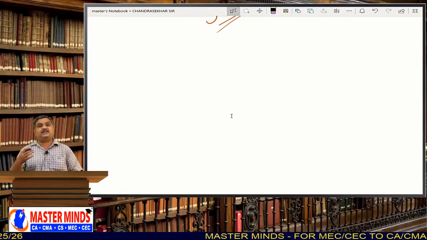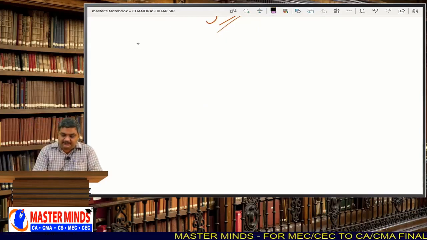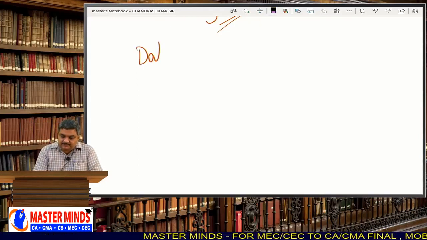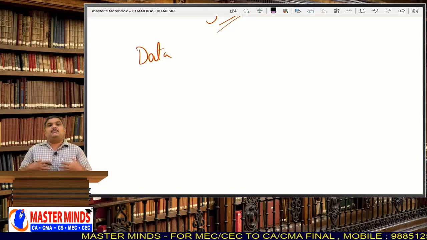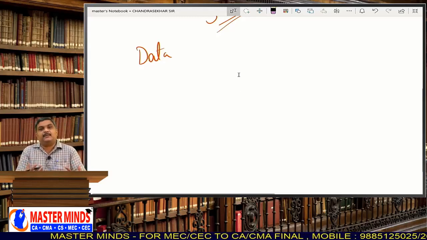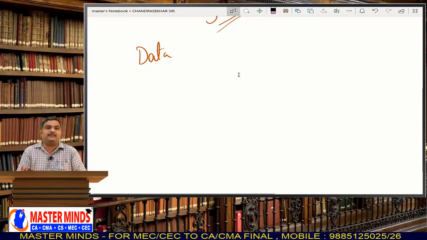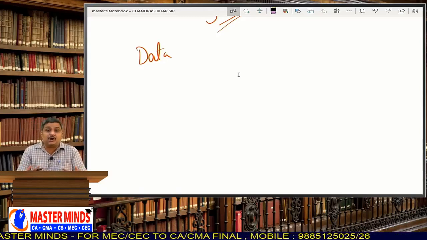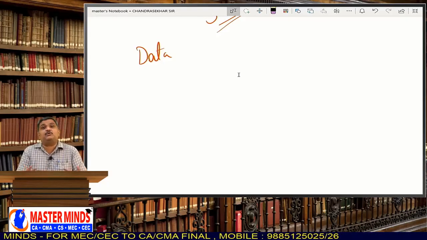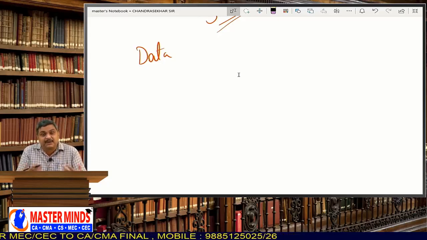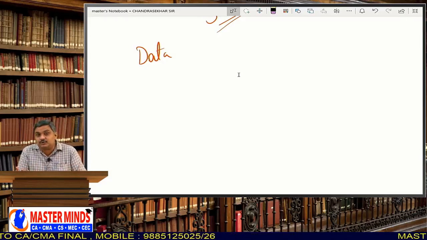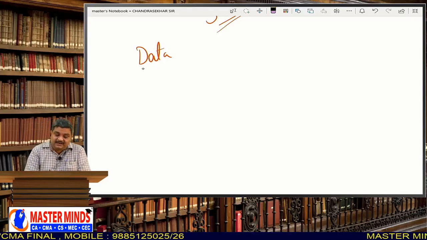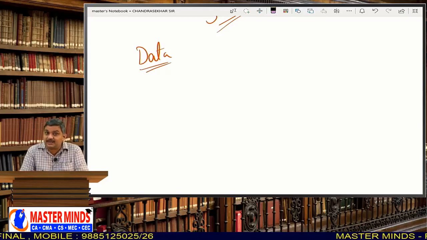But first let us understand what is data. We collect details from many people. We collect facts and figures from many people, and we also collect facts and figures about different things. Whatever you collect from different people, different things, different entities, all those things can be called data.